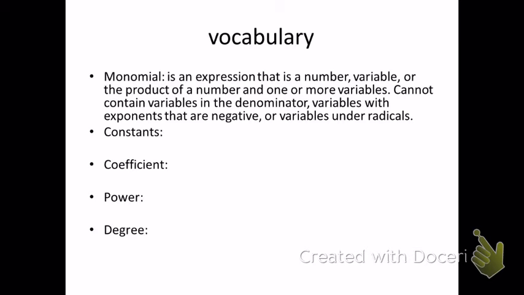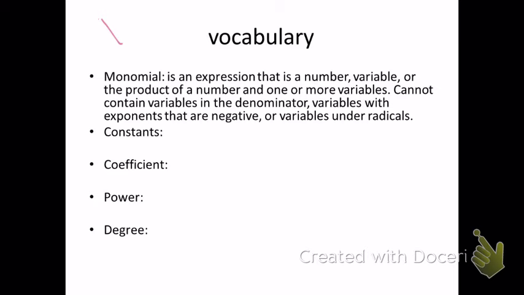A monomial is an expression that is a number, a variable, or a product, which means a multiplication of a number and one or more variables. It cannot contain variables in the denominator. So, for example, 1 over x is not a monomial. It also cannot have variables with negative exponents.